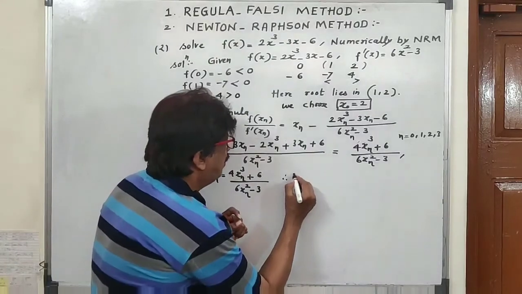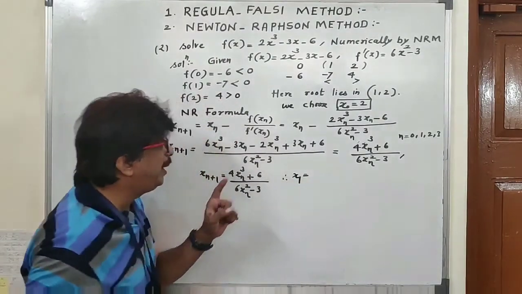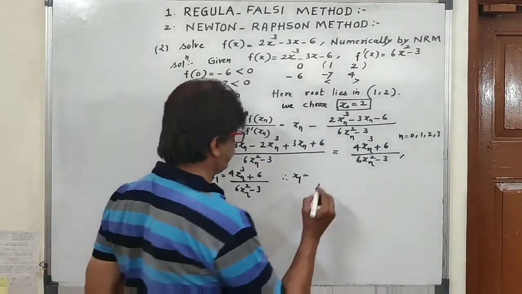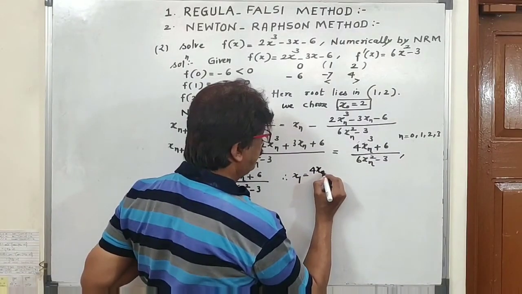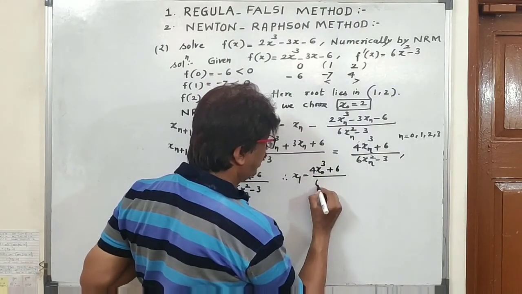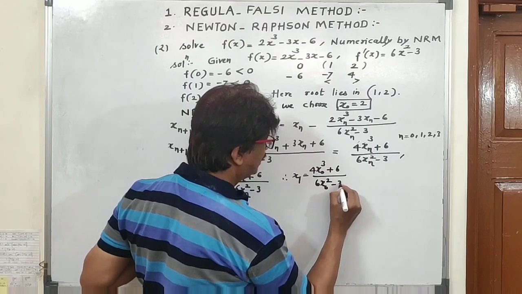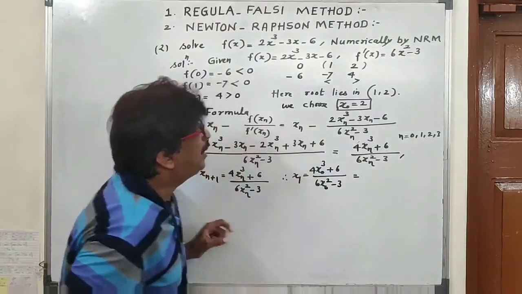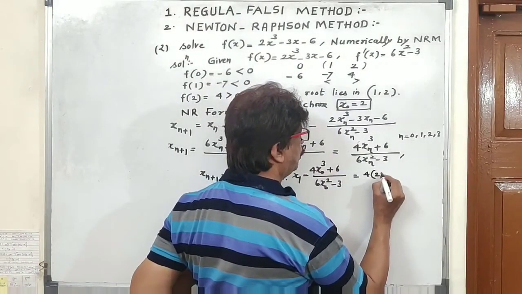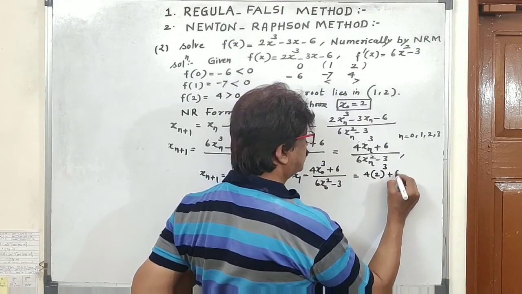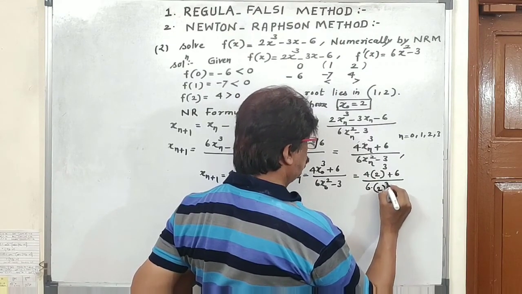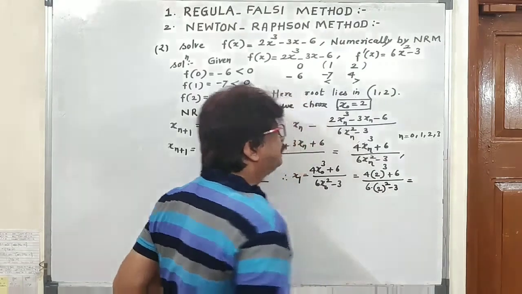Now, if I put n = 0, x₁ = (4x₀³ + 6)/(6x₀² − 3). Putting x₀ = 2, we get (4 × 2³ + 6)/(6 × 2² − 3).